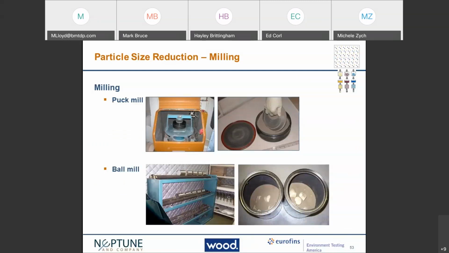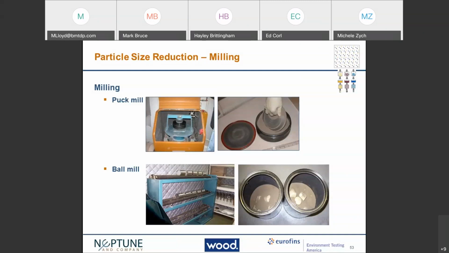So the puck mill has been demonstrated for energetics in EPA method 8330B and some short list metals projects. And the precision improvement is pretty significant, leading to smaller RSDs, et cetera, which can help with managing that microscale heterogeneity. The ball mill, it's less expensive, a little bit less rigorous, but it's still suitable for many applications, and it gives us a moderate improvement in precision.